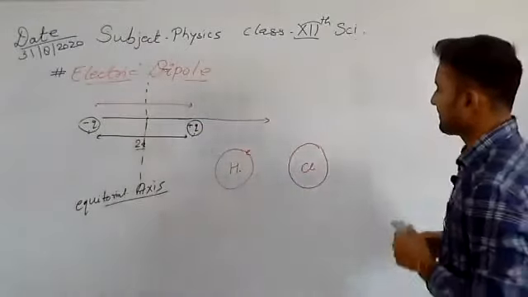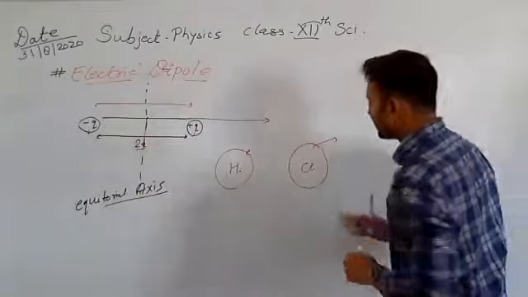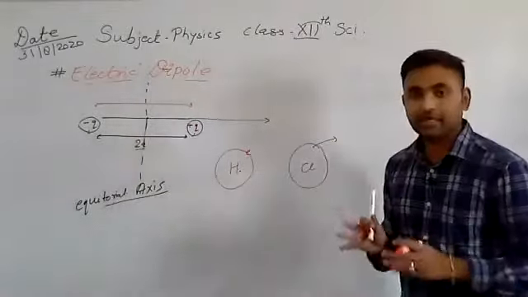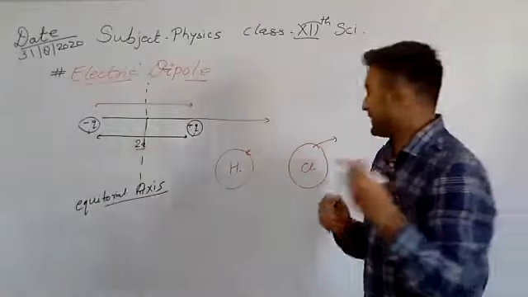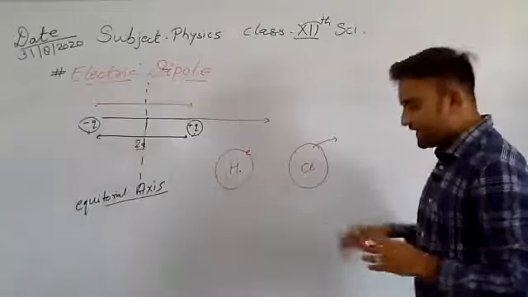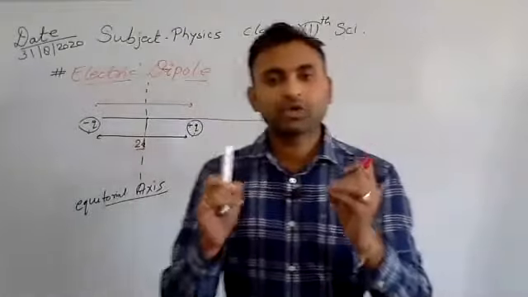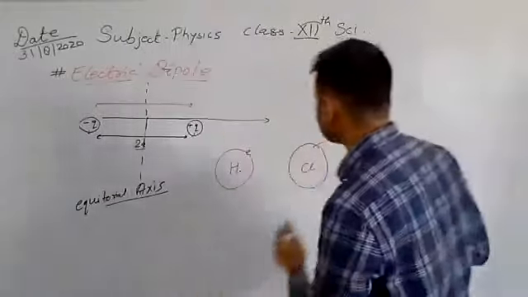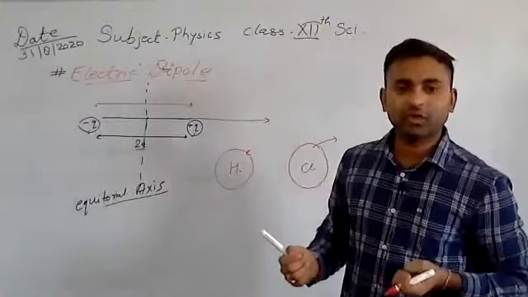So I was saying that the atomic number is 17, which means the number of electrons in chlorine will be 17. Chlorine has maximum electronegativity, which means it has a tendency to attract the electron.